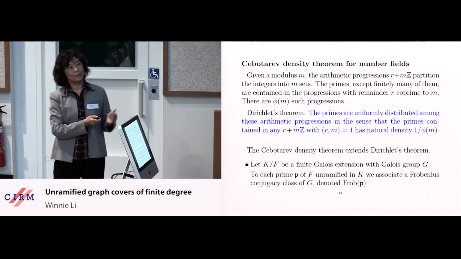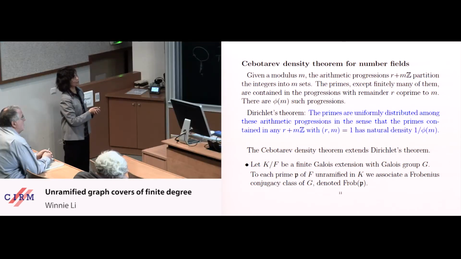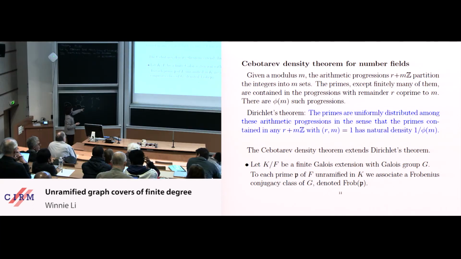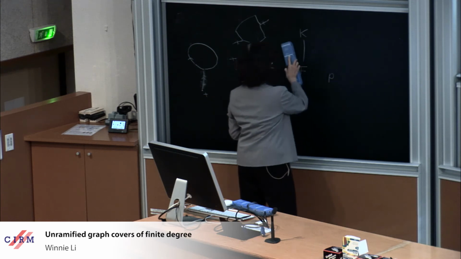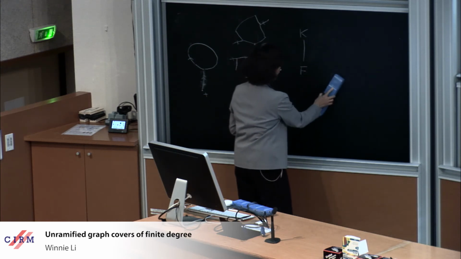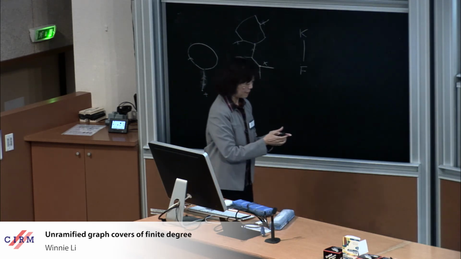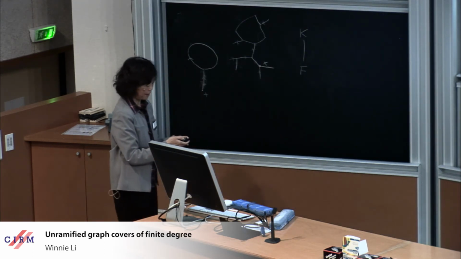So to describe the Chebotarev density theorem, let me give a general setup. Suppose I have a finite Galois extension K over F, with Galois group G. Then to each prime downstairs, we can associate a conjugacy class of G that is called a Frobenius conjugacy class.